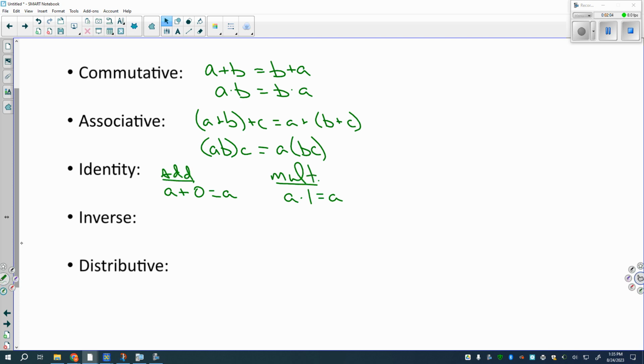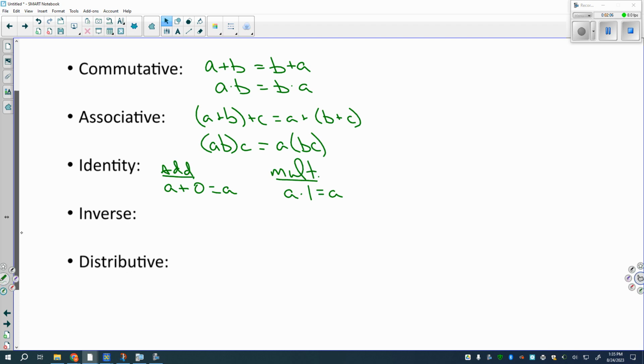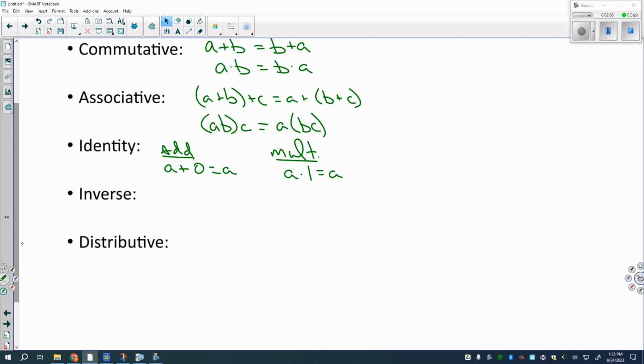Now inverse, this is what undoes something. For addition, actually the inverse gives the identity. So for addition, it's A plus negative A is 0. It's the opposite of A. It's the negative.